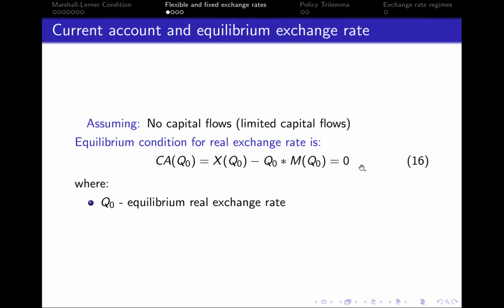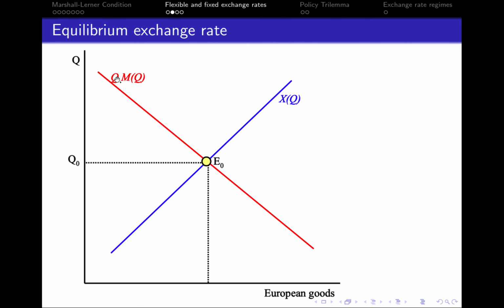Okay, and now we can plot this on a graph. Here you can see our imports, and we know that as our economy is becoming less and less competitive, so when Q, the real exchange rate, goes down, we will be buying more and more foreign goods.